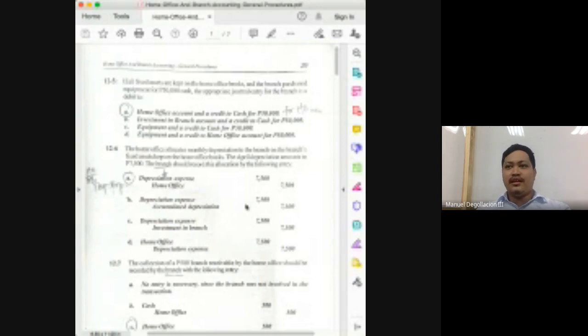Is that all right? Yes, because again, that is the arrangement that the fixed assets of the branch are to be maintained in the books of the home office. But you can just add dash branch to distinguish it from the other assets of the home office. So your entry here would be debit, equipment, branch, and credit, investment in branch.